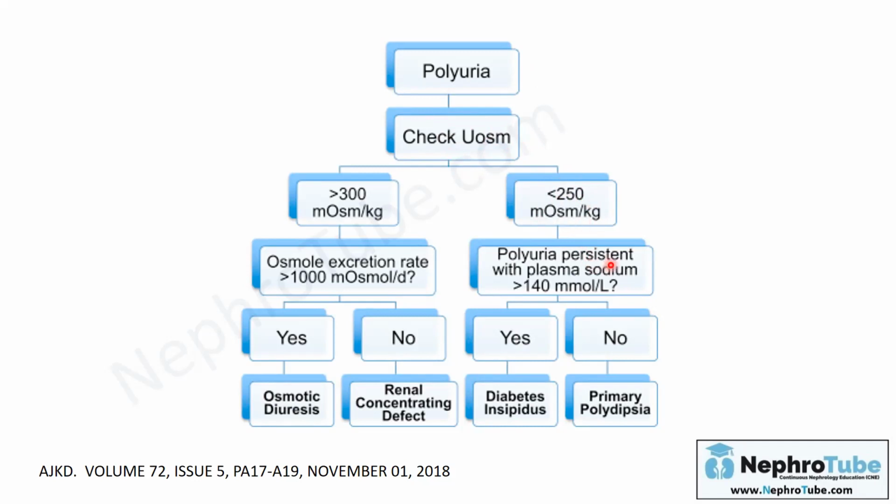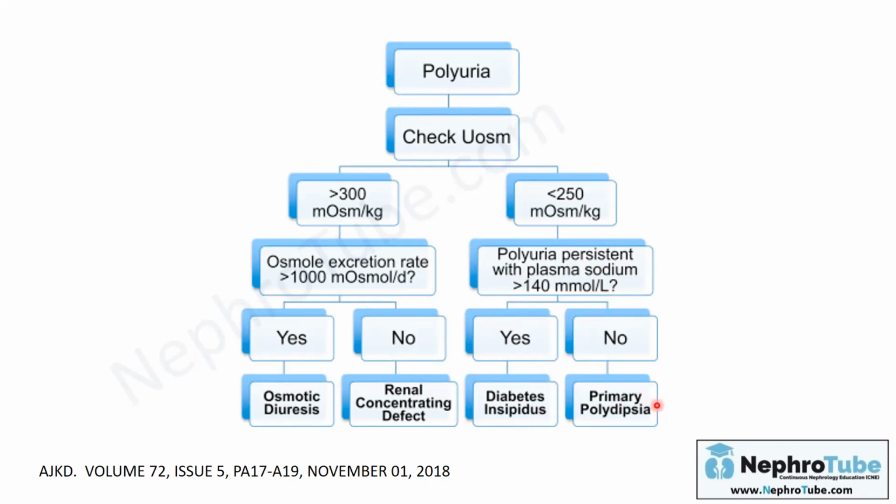Look at the patient's plasma sodium, even before the water deprivation test. If it is more than 140 millimole per liter, this may be diabetes insipidus, because in diabetes insipidus the intravascular volume is slightly decreased, although the patient is clinically euvolemic.